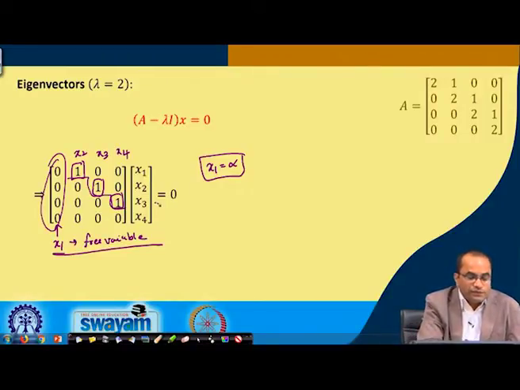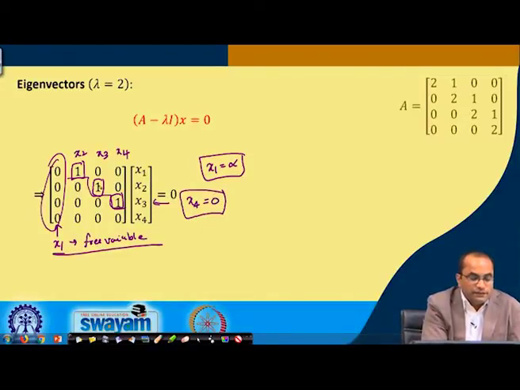So, x 1 is taken as alpha, and now we can get the other variables. From the third equation, we are getting x 4 is equal to 0, so no dependency on alpha indeed. From the second equation, we are getting x 3 is equal to 0, and from the first equation, we are getting x 2 is equal to 0.